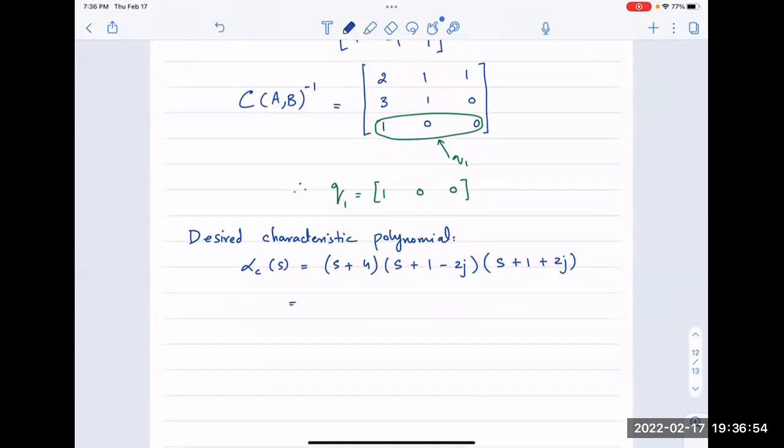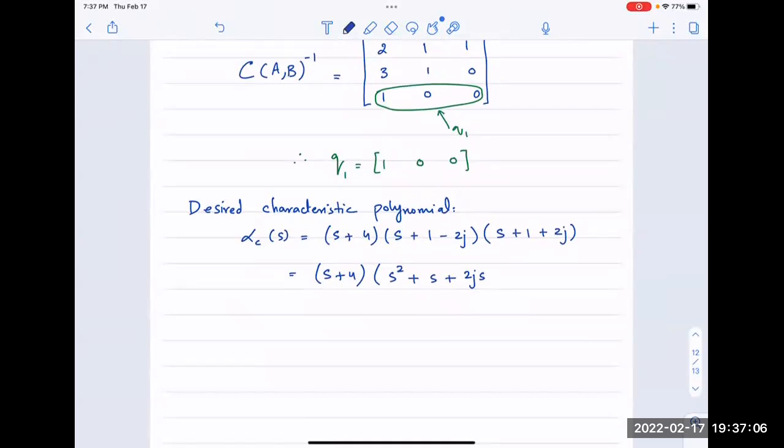So if you do this, let's say S plus 4 stays here, you get S squared plus S plus 2JS plus S plus 1 plus 2J minus 2JS minus 2J. So we'll see some cancellation here; 2J goes with 2J.